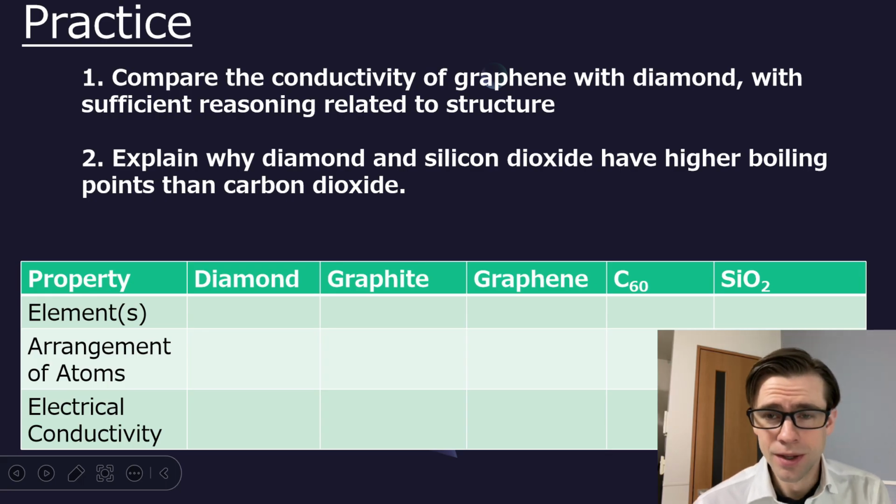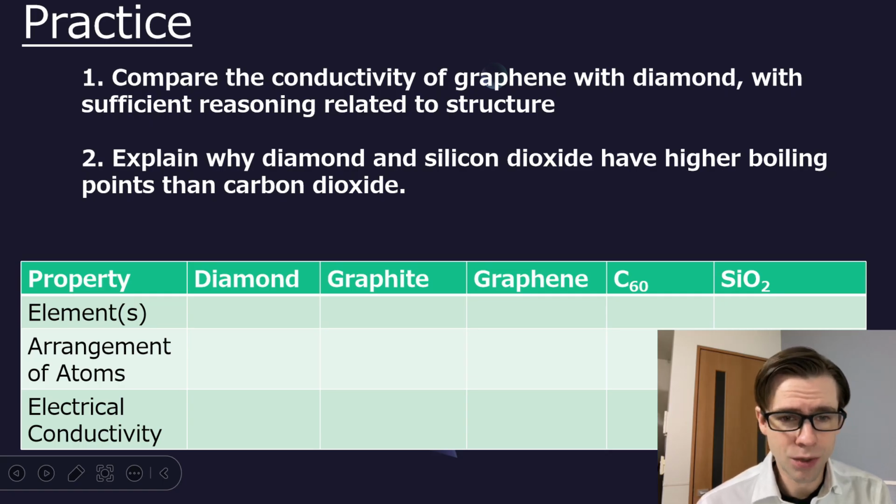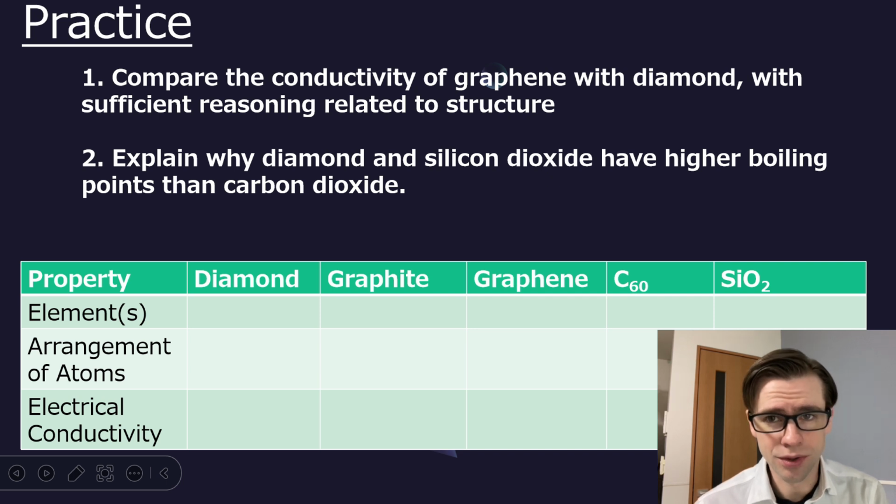That's the key. If you didn't follow what I just said, rewind and watch it again. Comparing a network to a molecule is highly different. Molecules are held together with intermolecular forces, while networks are held together through a series of strong covalent bonds on every single atom.